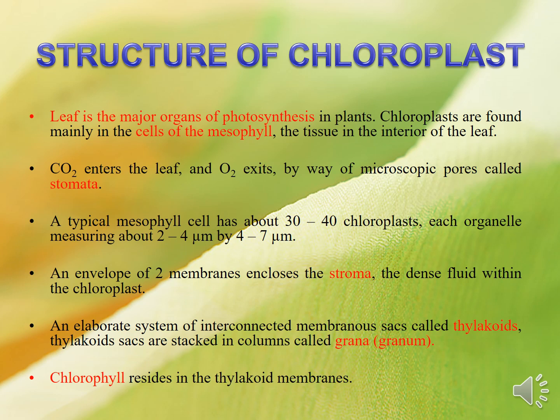We also have the stomata, as we learned in our previous slide. What is the function of the stomata? For carbon dioxide to enter the leaf and for oxygen to exit from the leaf. Inside a typical mesophyll cell, there are a lot of chloroplasts.